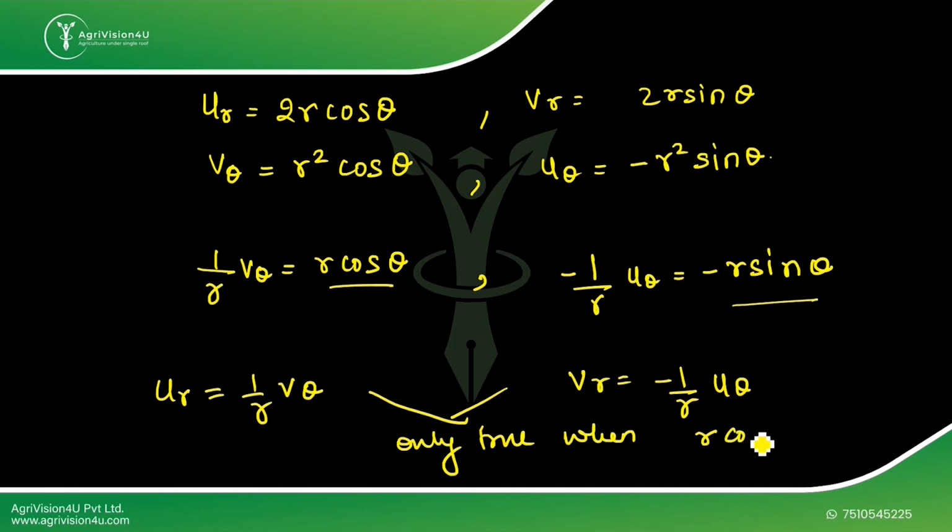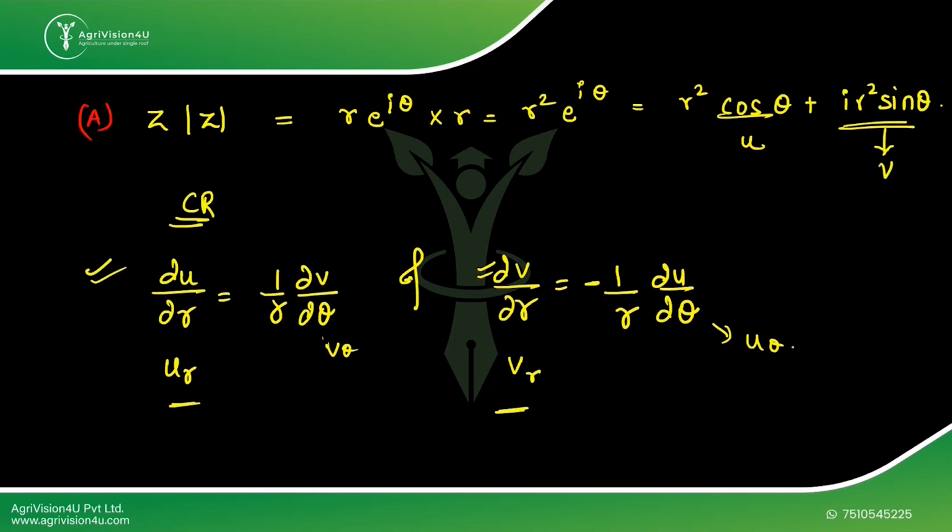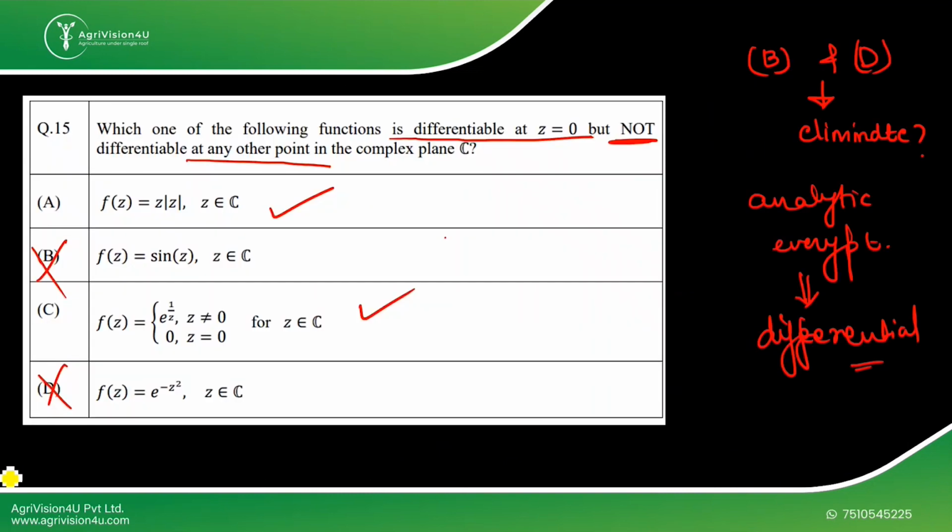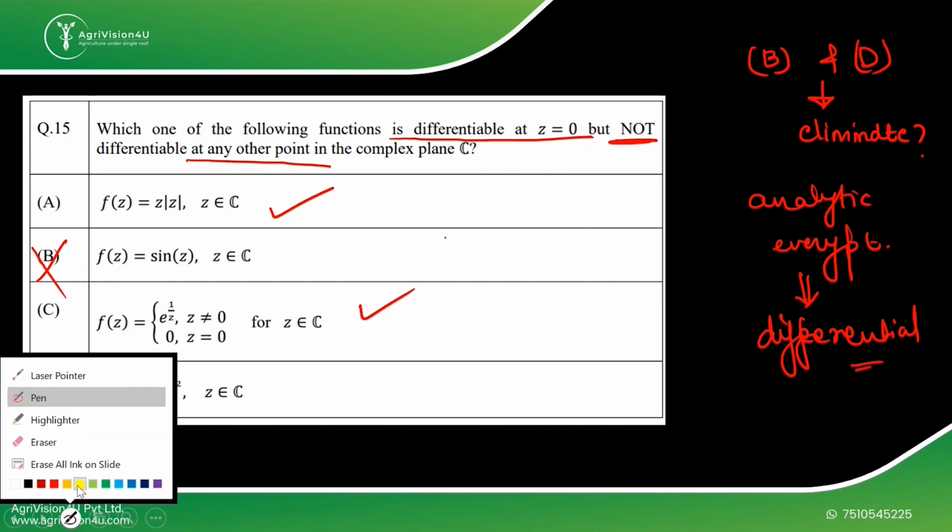It means r cos theta should be 0 and both of the values should be 0. Then only you will get this condition satisfied. It means option A satisfies the condition. That means it is differentiable.